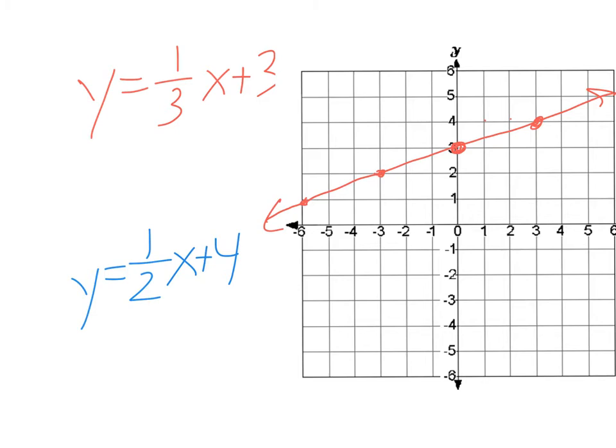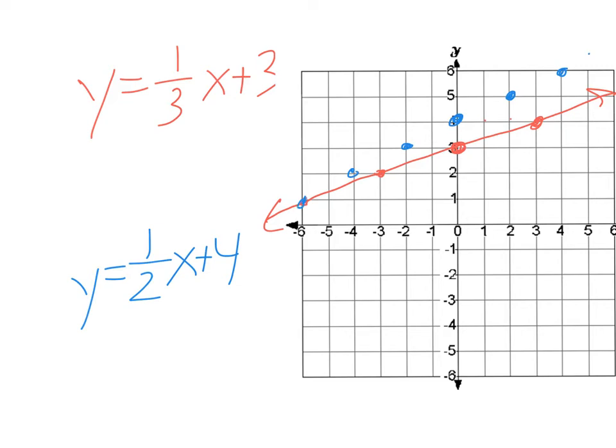If we did the second equation, we know that the y-intercept is at (0, 4), and the slope is 1/2, which means it was up 1 and over 2, up 1 and over 2, and again I go down 1 and back 2, and down 1 and back 2, and down 1 and back 2.